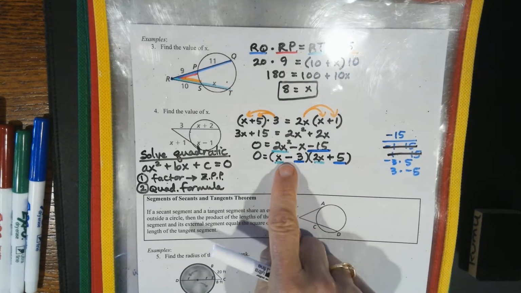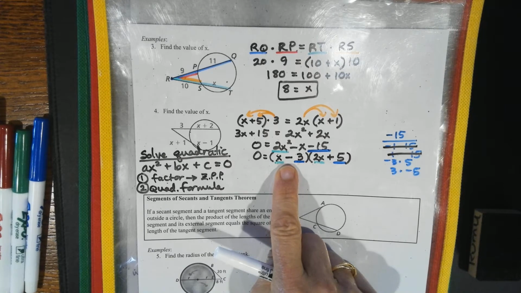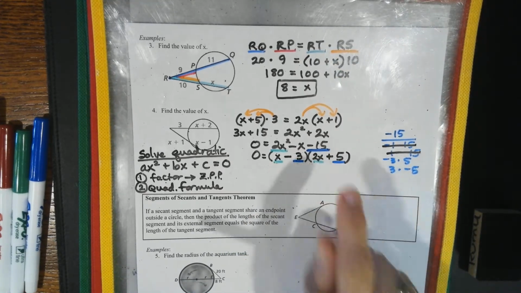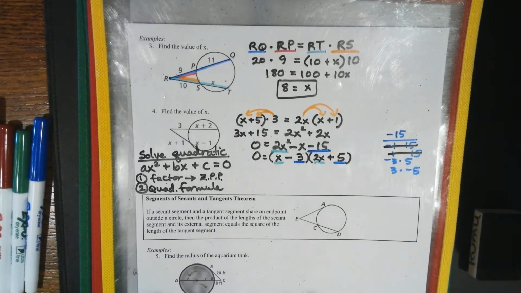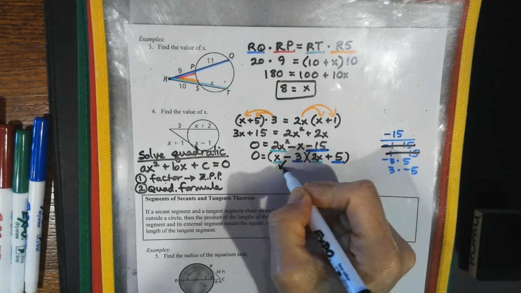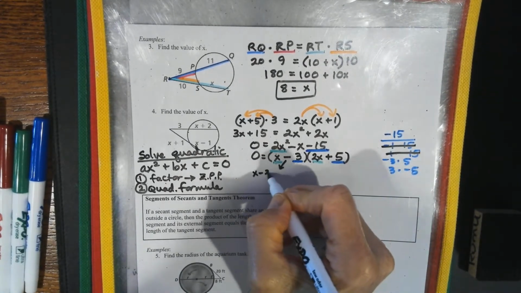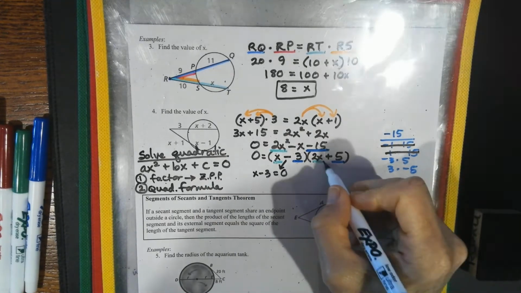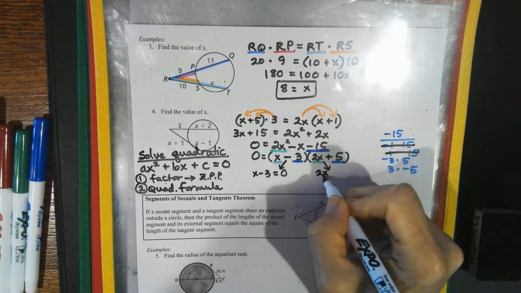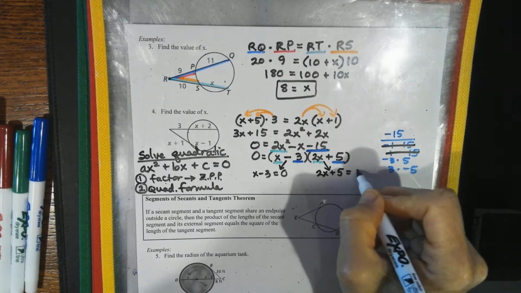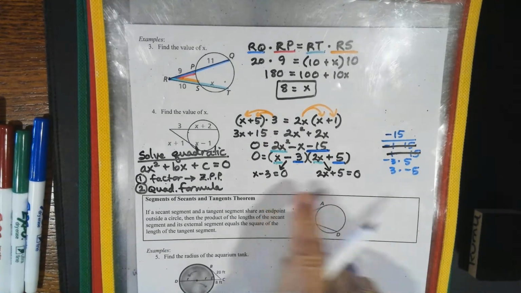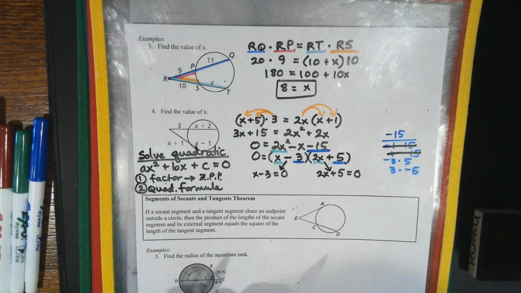Either this is 0, so the product is 0, or this is 0, so the product is 0. So the zero product property tells me at this point, I can ask what value of x here will make this equal to 0, or what value here will be equal to 0. And then you just solve the little equation, and there are your solutions.